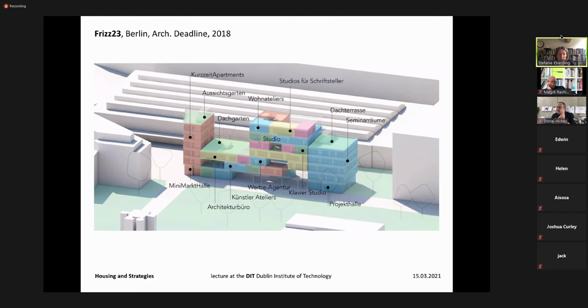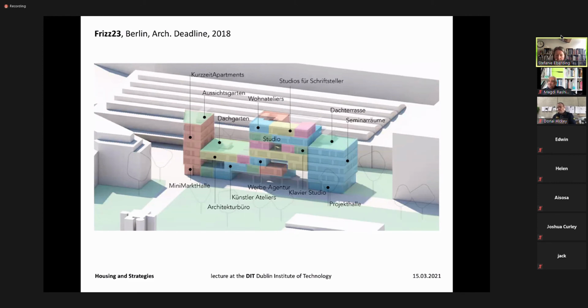And I think when you look into the future, high density housing has to address a bunch of issues and topics such as mix of uses, collective housing, and also flexible building structures.